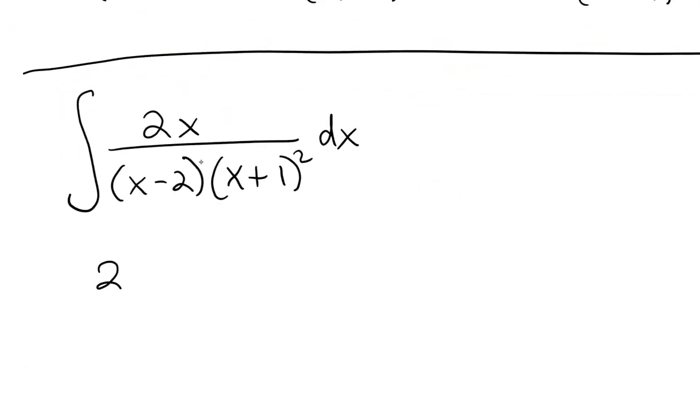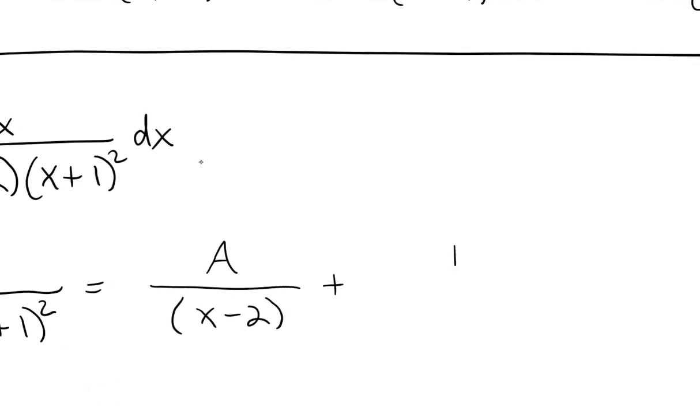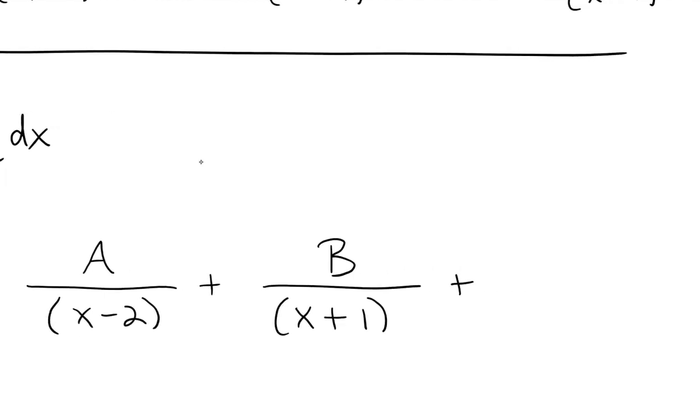So we know that 2x over (x minus 2)(x plus 1) squared is equal to a over x minus 2, plus b over x plus 1, our first repeated term here, plus c over (x plus 1) squared.